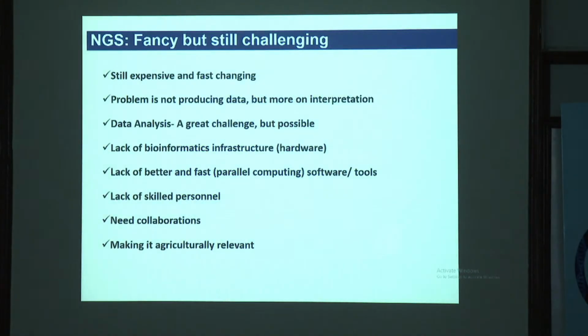So this next generation sequencing looks very fancy, but actually it is very challenging. So the problem is not producing data. आजकल तो कोई भी tissue ले करके दे रहा है ना, कंपनी वाले को हमारा RNA sequencing करके दे दो, ठीक है, but the problem with the interpretation after getting data. For example, if you are giving samples, plant का sample आपने दिया, आपको उसने fungi का दे दिया या फिर human sample का data दे दिया, आपको कैसे पता चलेगा?